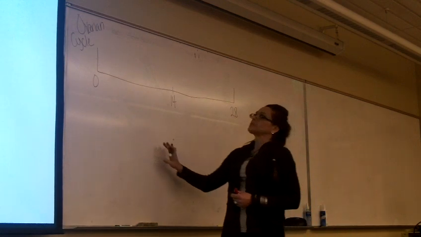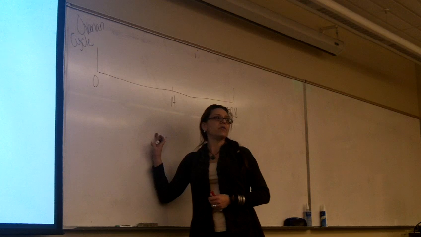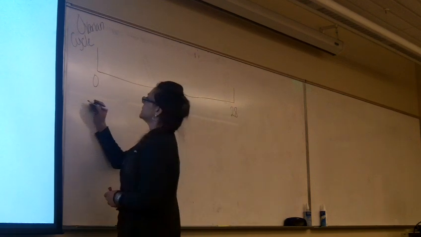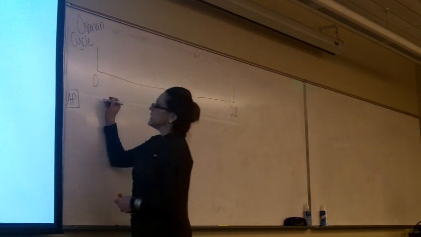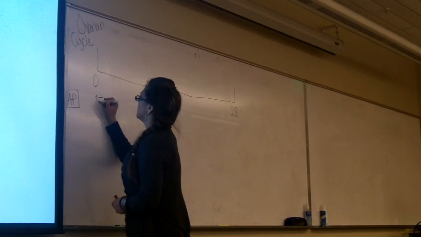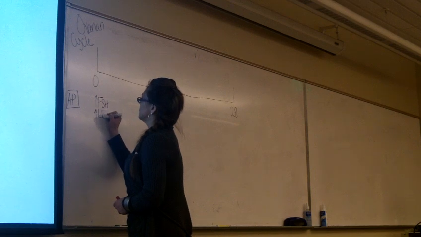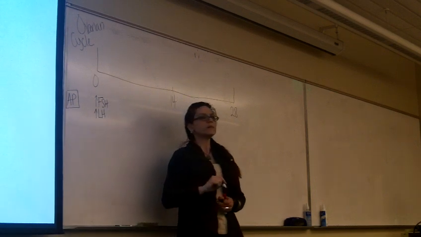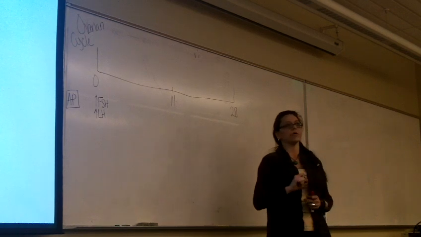So what's going to trigger this cycle every month is hormones coming from the anterior pituitary, and at the beginning of this cycle, you're going to see FSH and LH levels start to rise. They don't rise a lot, but they rise just enough that it's going to trigger this cycle.